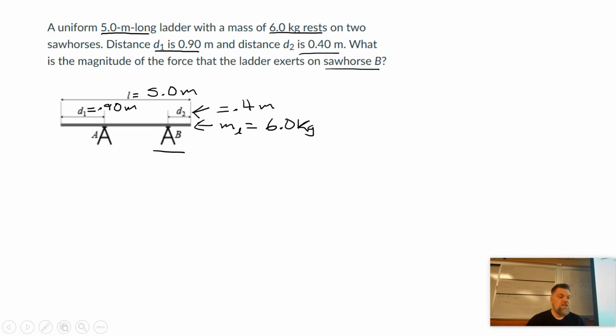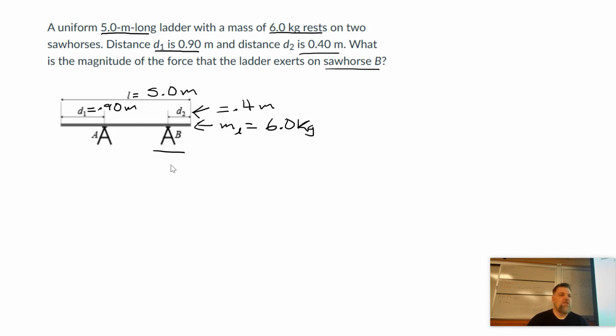Now to do this, this is a kind of tricky situation. The ladder isn't moving left or right.